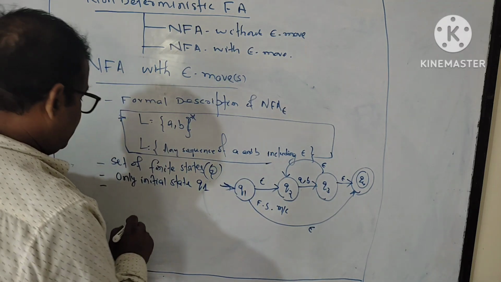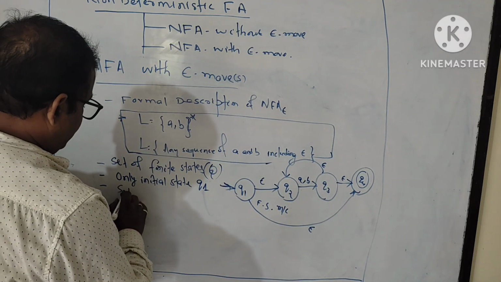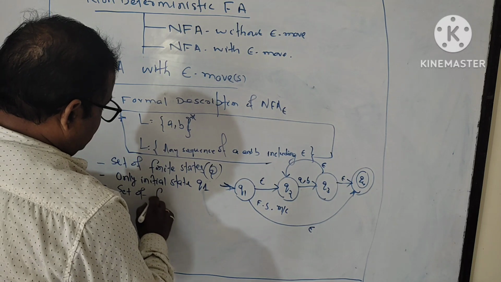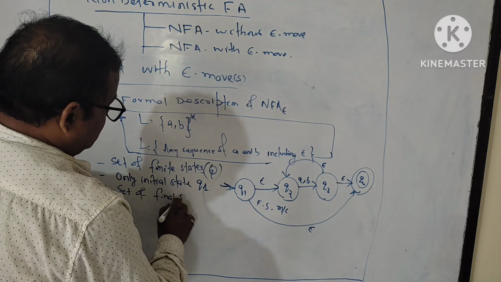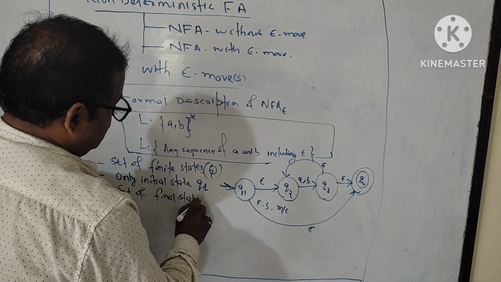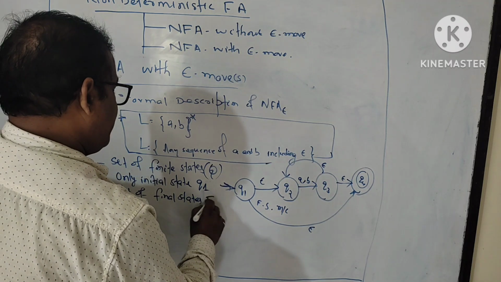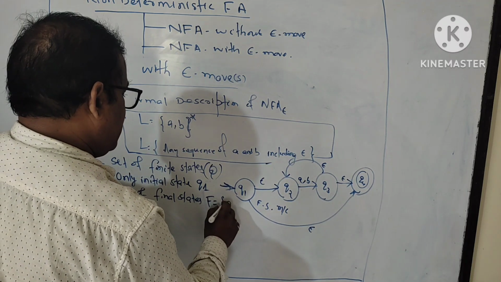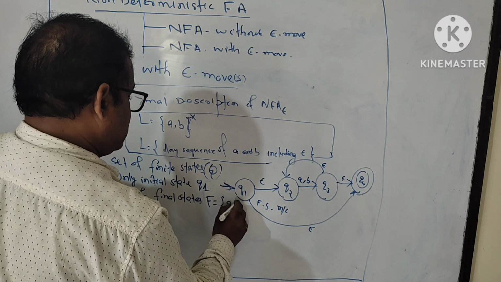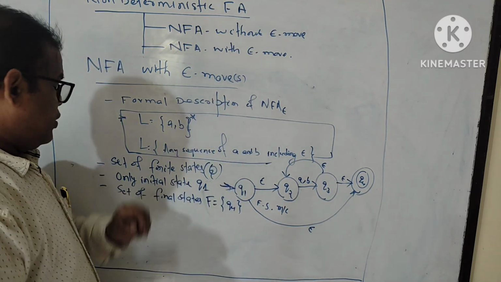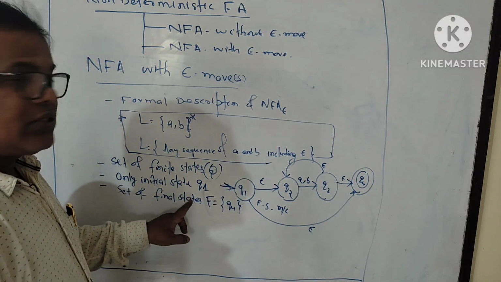Next is that set of final states, that is capital F. Absolutely there is a state in this set of final states.